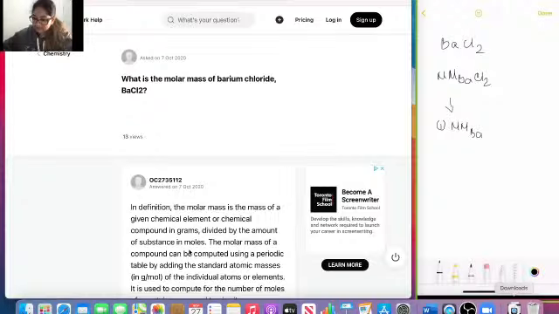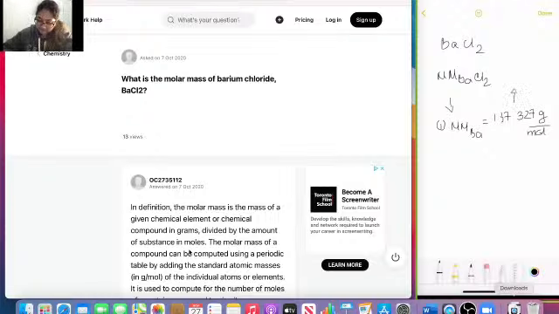Barium is in the second group, and the molar mass of barium is 137.327 grams per mole. This is given in your periodic table.